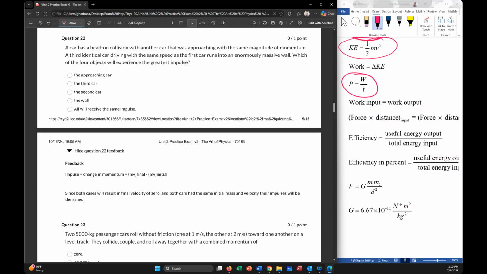It's telling that they have the same momentum before collision, all of them. Good? But when they collide, all of them stop, yes? Impulse is the change of momentum. Good?